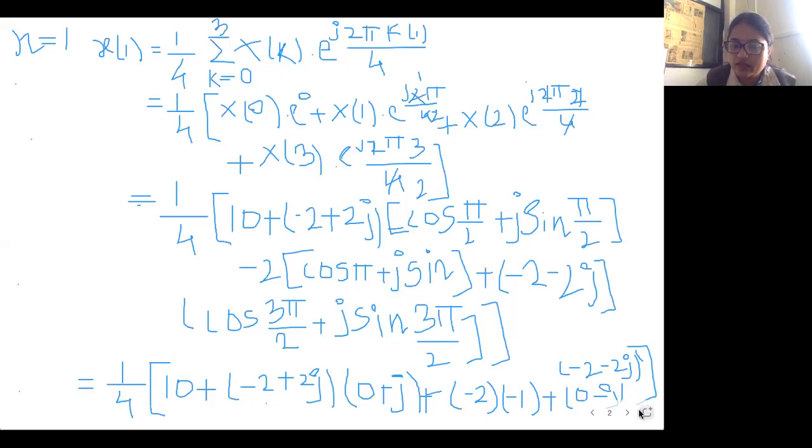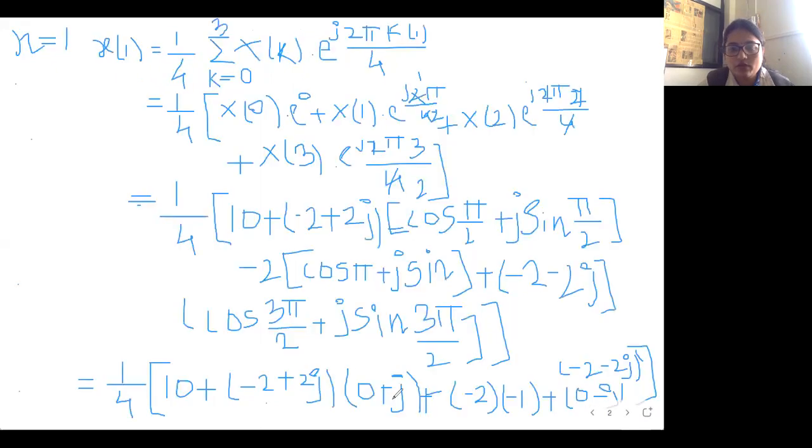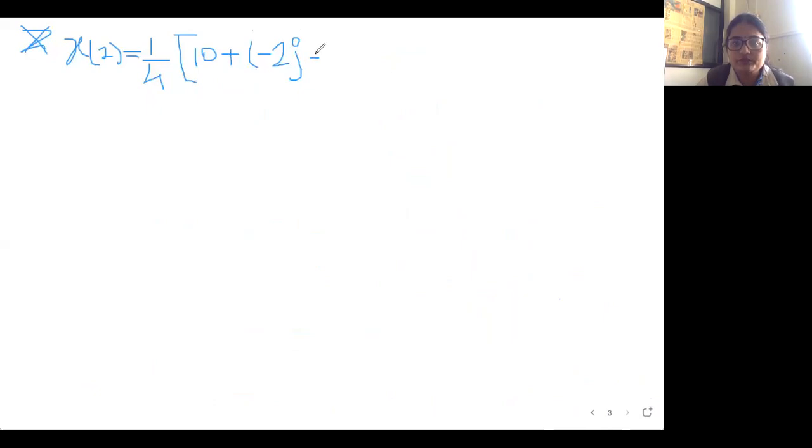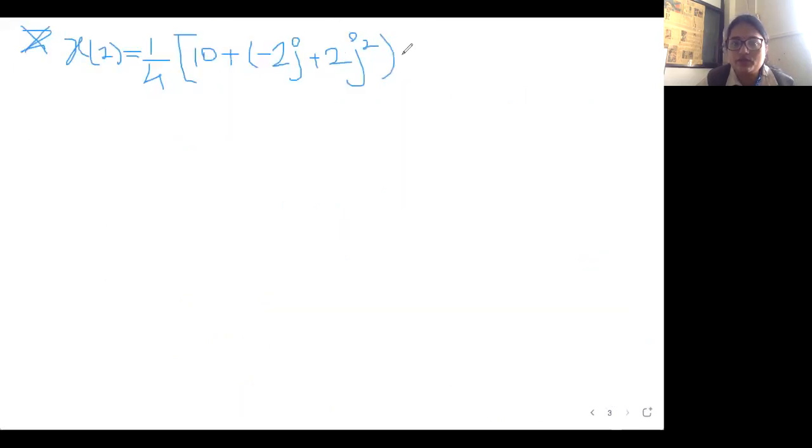So I will write here minus 2j and plus 2j square. The value of j square is minus 1, we'll substitute later. Then minus 2 minus 1, so simply it is plus 2. So I will write here plus 2.